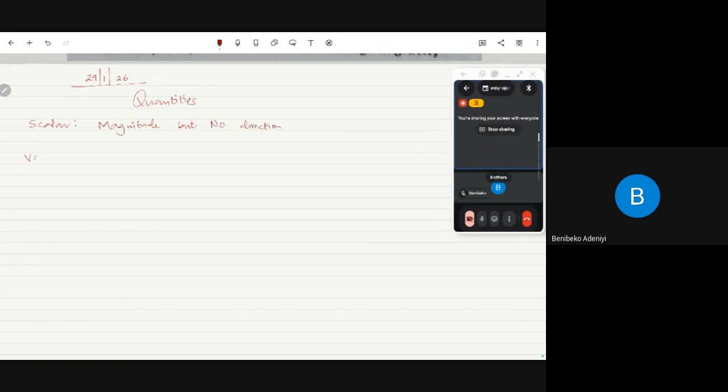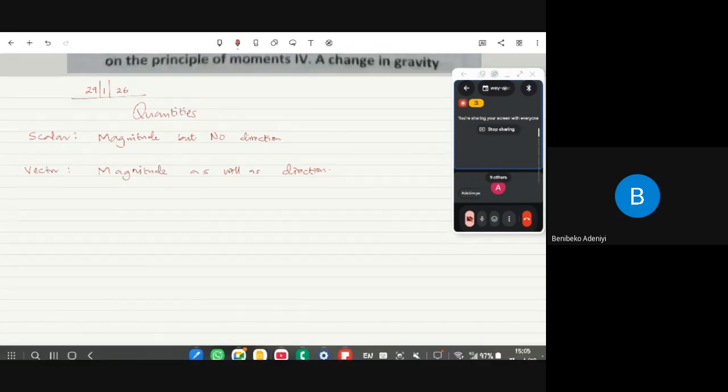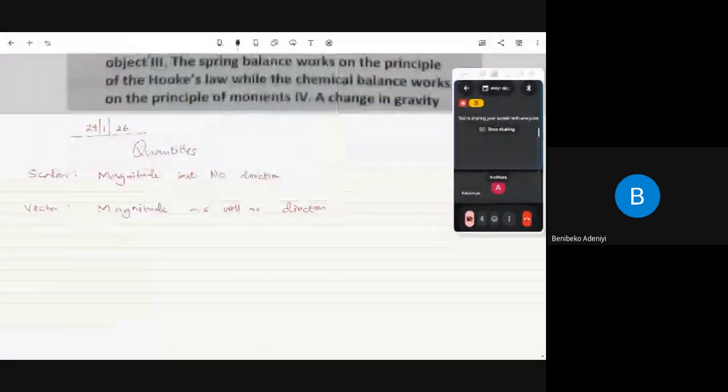And if I ask you what are vector quantities, you want to tell me that vector quantities have magnitude as well as direction. So when we say magnitude, what does it mean in physics? Magnitude basically means value.